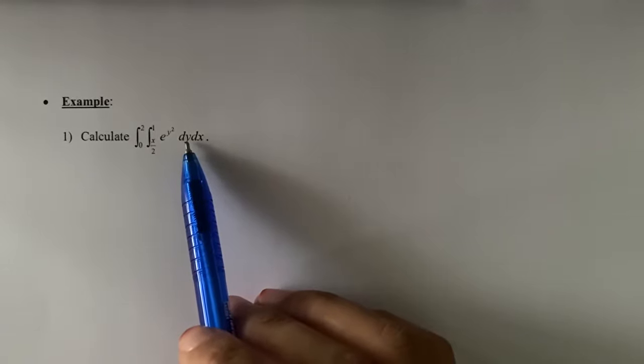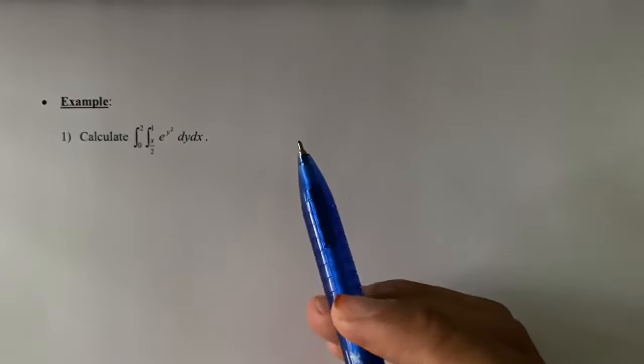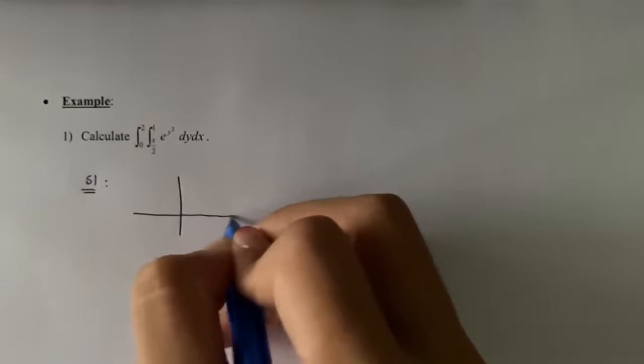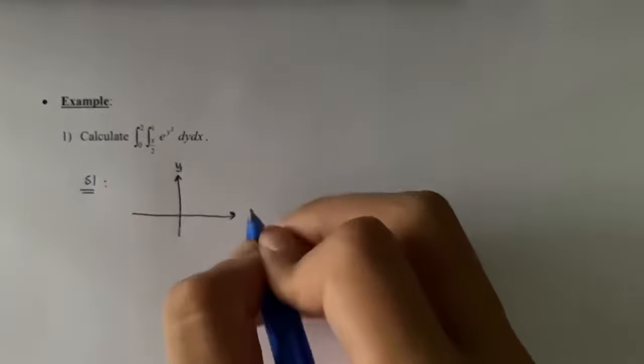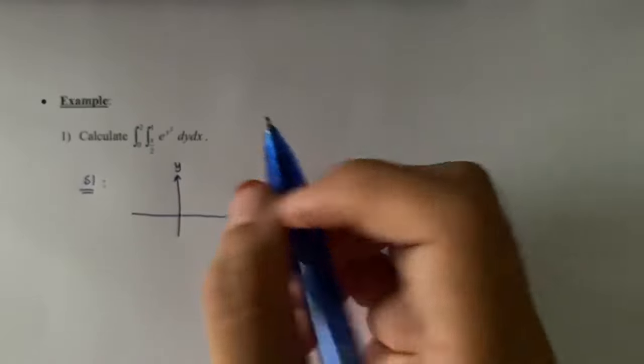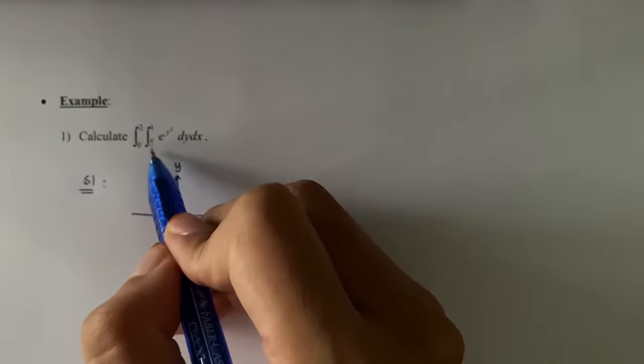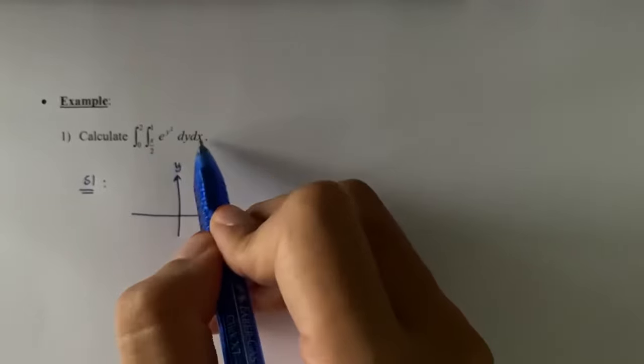Instead of solving for dy dx, you solve for dx dy. So to reverse the order, you need to sketch the region, the first step. Okay, so you have y, x. The lower limit for y is x over 2.